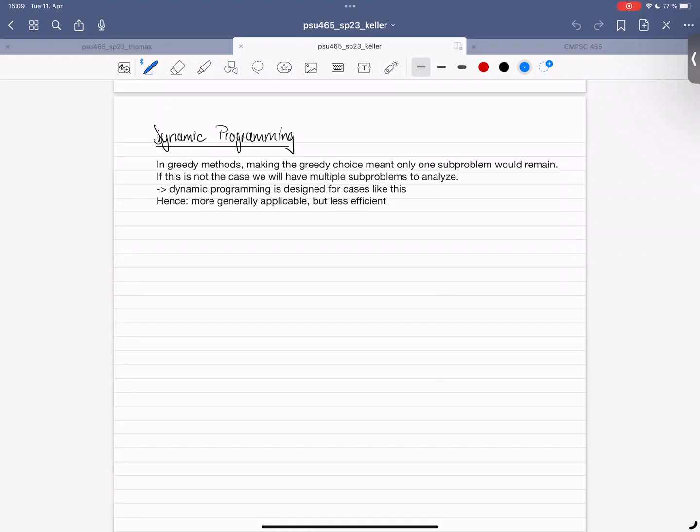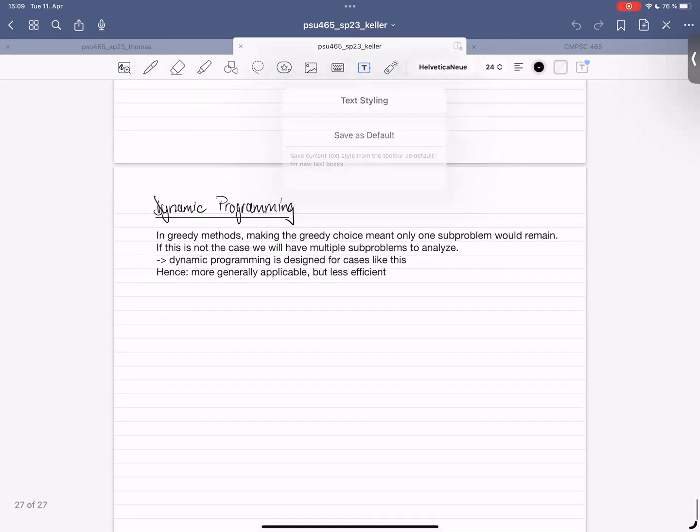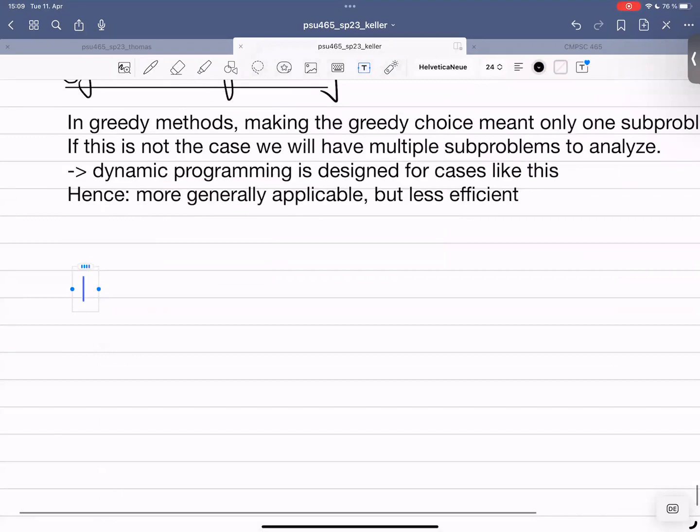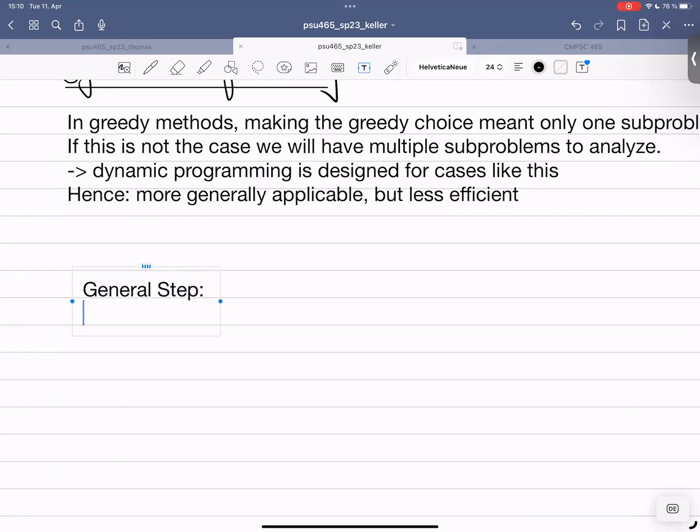So the general setup in dynamic programming looks as follows. We decompose our problem into smaller subproblems. These are the general steps in dynamic programming. You first break the problem into smaller subproblems.